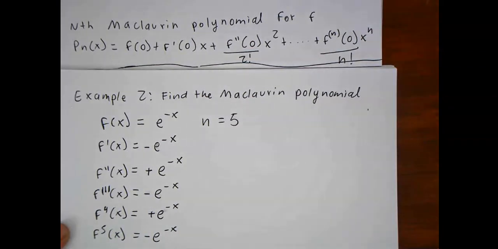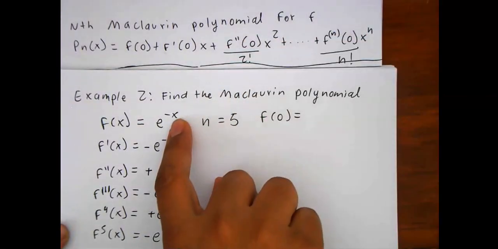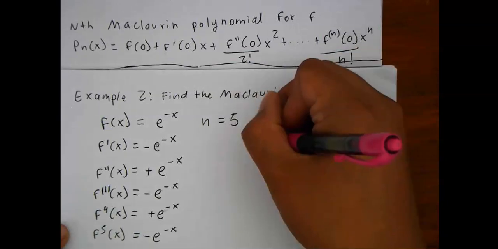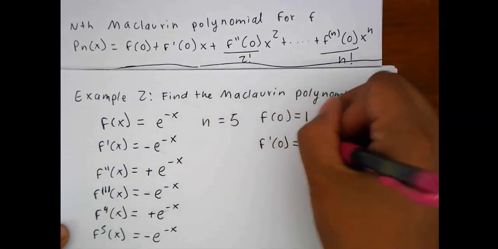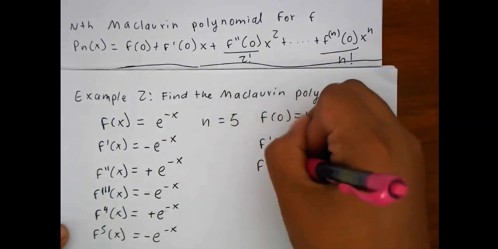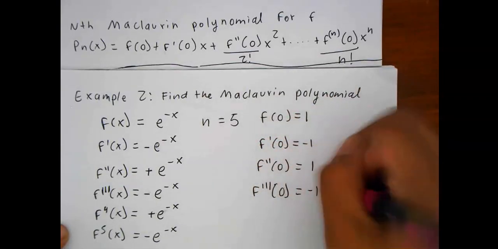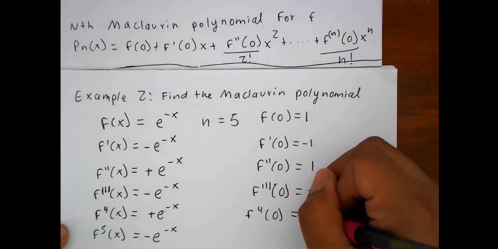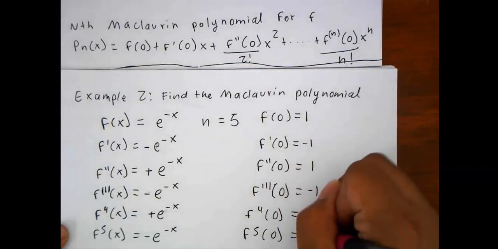And now I need to plug in zeros for all of them. f of 0: e to the 0 is 1. The first derivative at 0 is negative 1. The second derivative is positive 1. The third derivative at 0 is negative 1. The fourth derivative at 0 is positive 1 again. And the fifth derivative at 0 is negative 1 again.